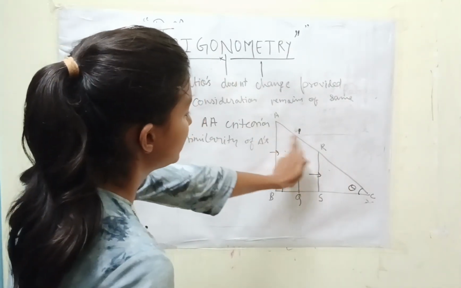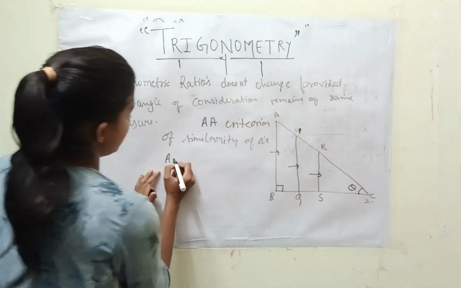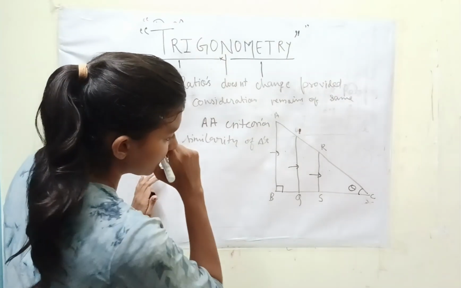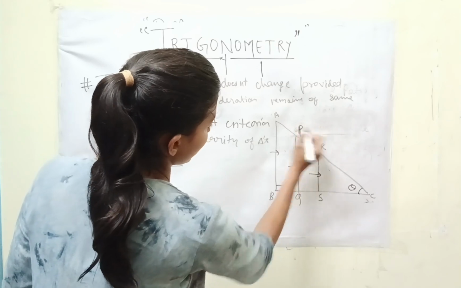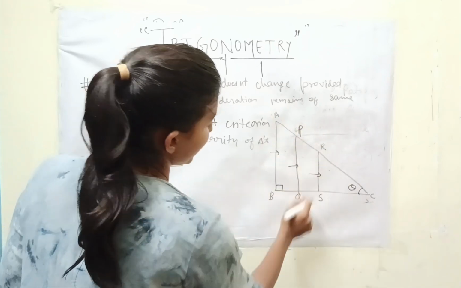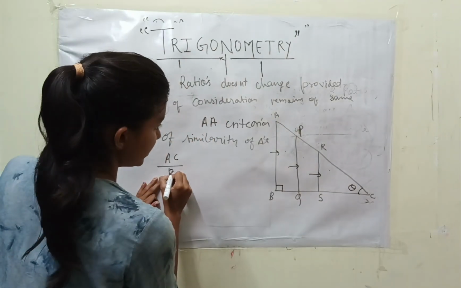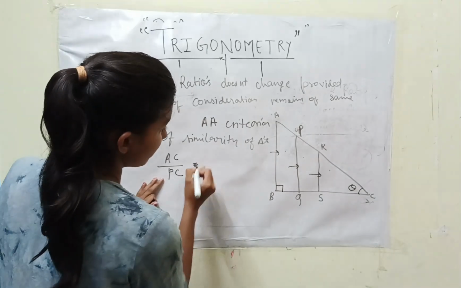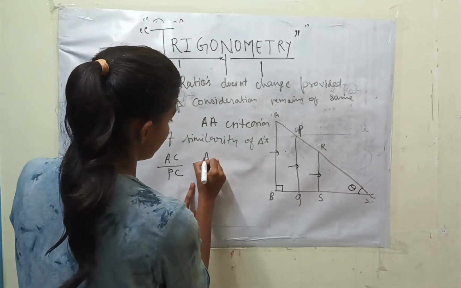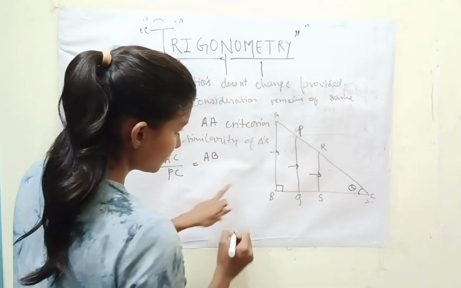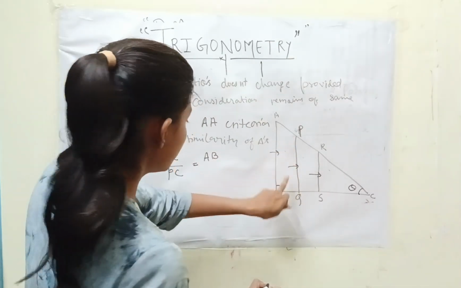Firstly, this ratio, side AC and side PC. We are considering these two triangles, ABC and PQC, and AC upon PC is equal to the ratio of AB upon PQ. This triangle is AB and this triangle it is PQ.